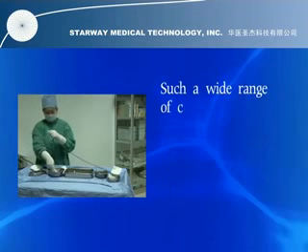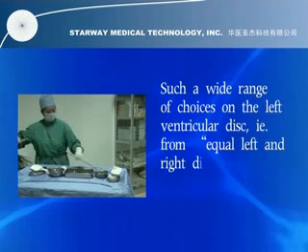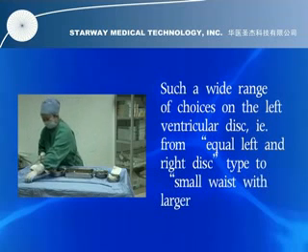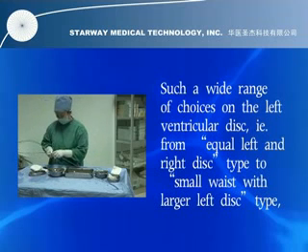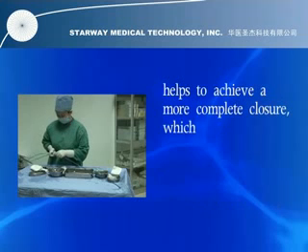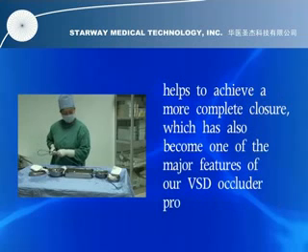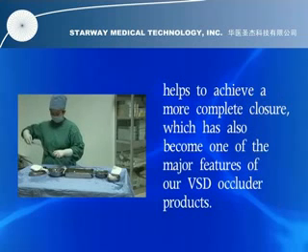Such a wide range of choices on the left ventricular disc, from equal left and right disc type to small waist with larger left disc type, helps to achieve a more complete closure, which has also become one of the major features of our VSD occluder products.